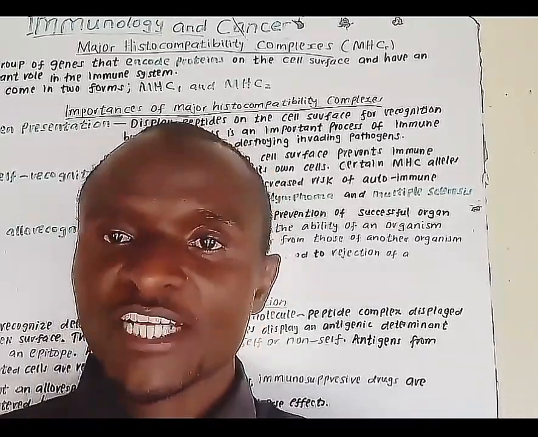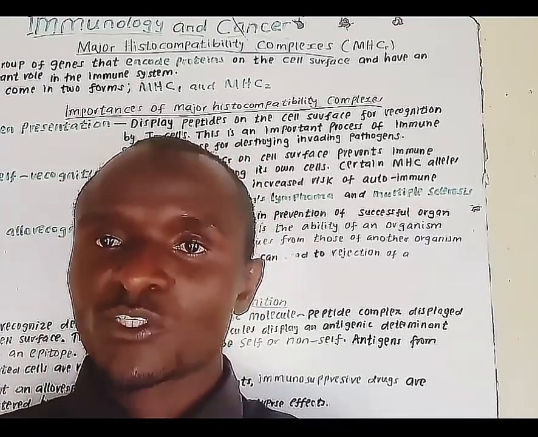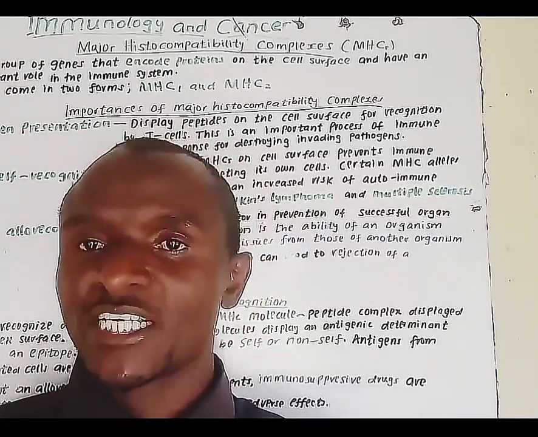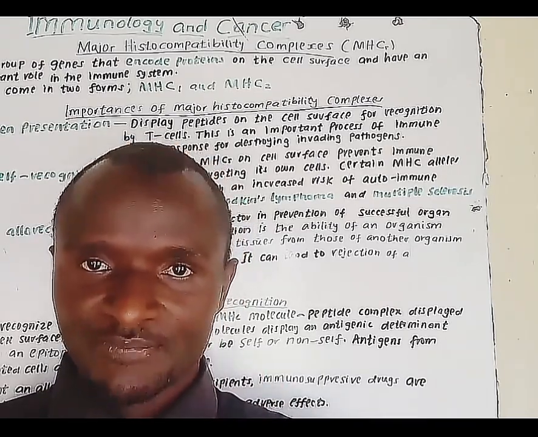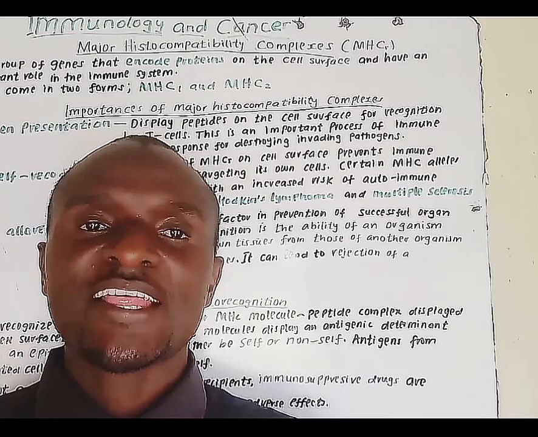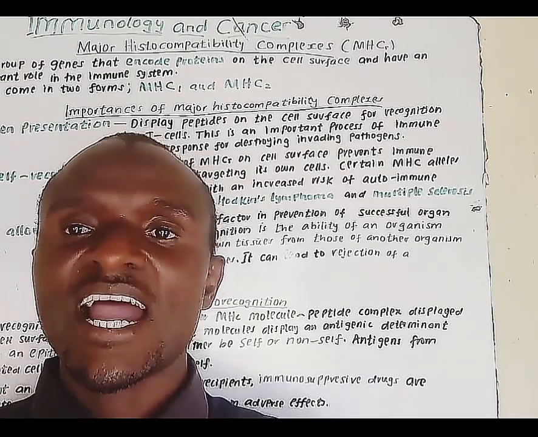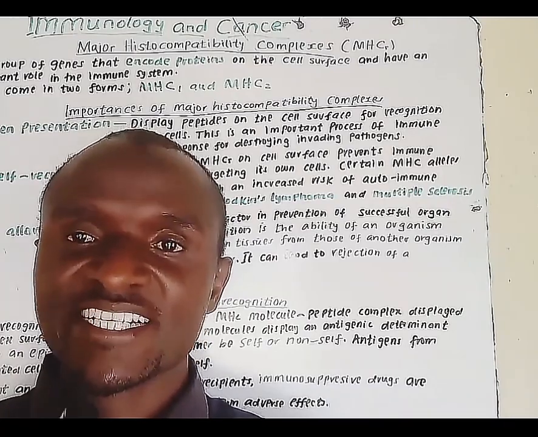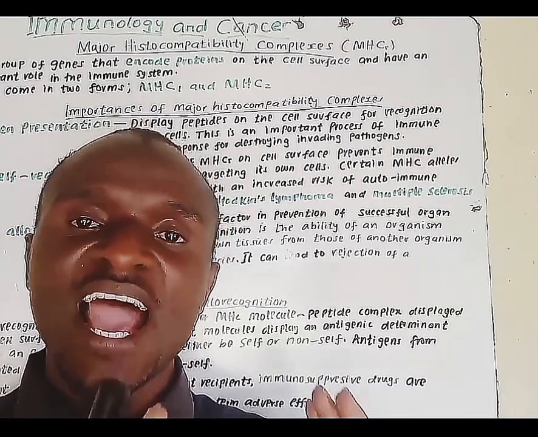You need to know that when an MHC molecule is loaded with an antigen, or what we call a peptide or a protein, it forms an MHC protein complex. This MHC protein complex normally has a determinant that T cells recognize. This determinant is known as an epitope.